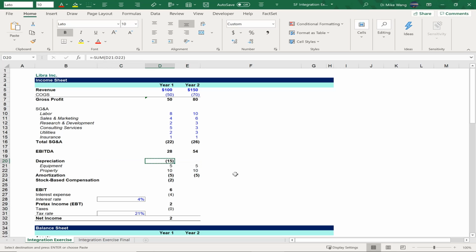So D20, highlight it, press Control C, and go Shift, right arrow, and then hold down Control and R. So that's just going to copy over this formula from D20 over to E20. So you can see it's the exact same formula, just different column.